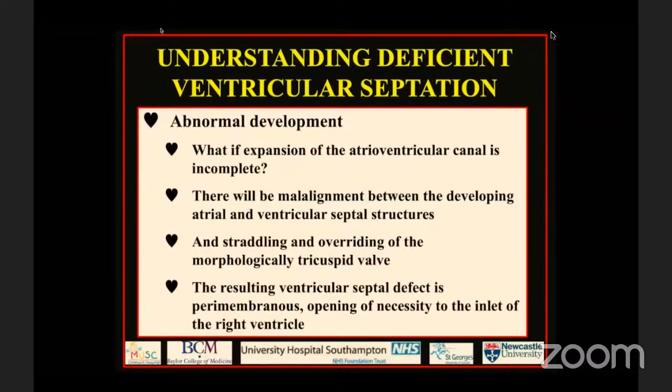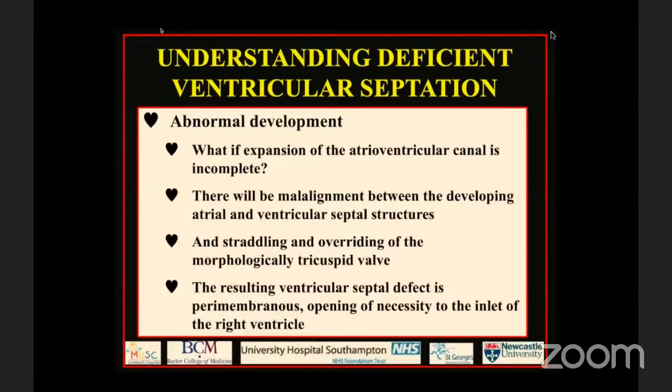The ventricular septal defect we see in that setting is perimembranous, because it is roofed by the fused atrioventricular cushions, so there will be mitral to tricuspid fibrous continuity. But because the atrioventricular canal is not expanded, that defect of necessity will open to the inlet of the right ventricle.